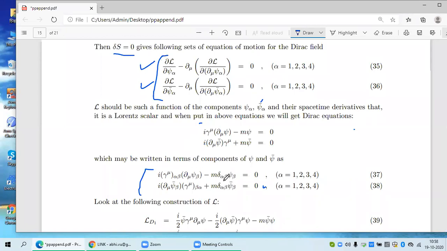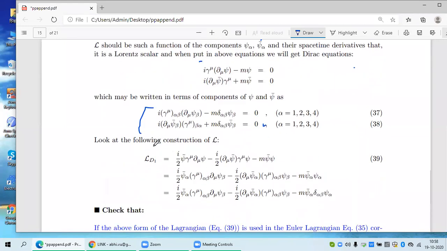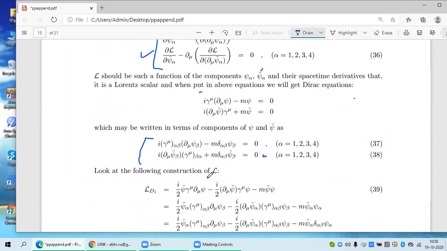You have to guess what can be the form of L, so that when I put it here, we will get this. You can make the guess, or you can stare at the form of these equations for some time and use your intelligence to construct the form of the Lagrangian which will give you these equations when put in the Euler-Lagrange equations.